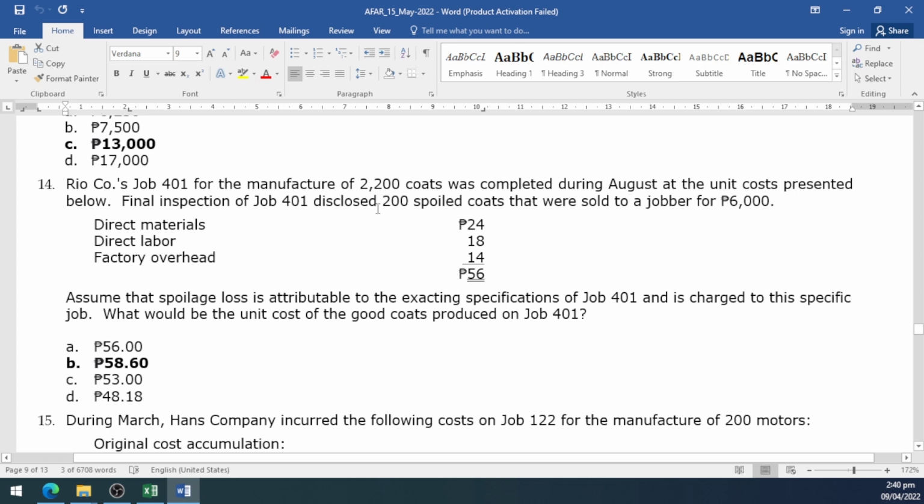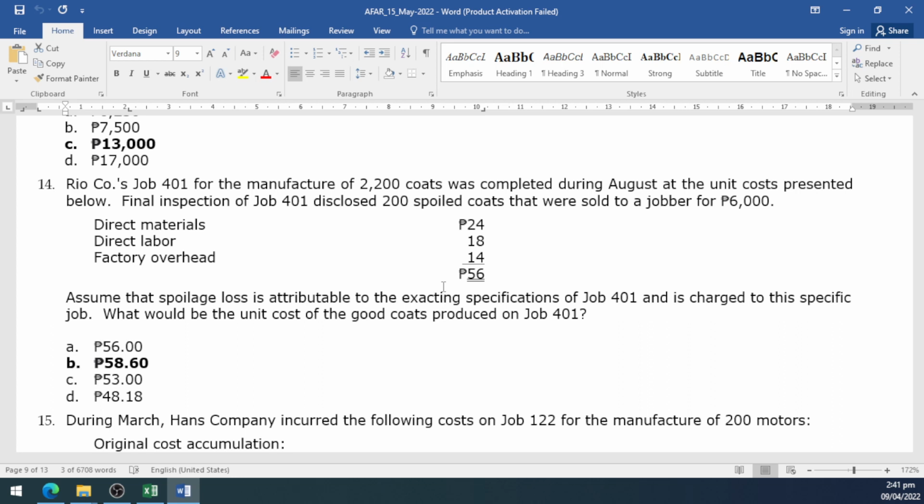Final inspection disclosed 200 spoiled and were sold to a jobber for 6,000. Ito yung original cost. 56. So, ang total cost ng 2,200 ay 2,200 times 56. That's 123,200.